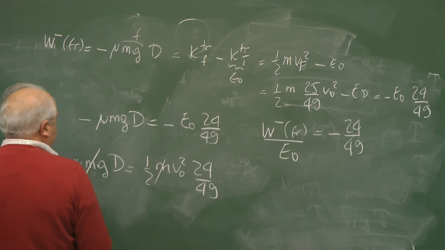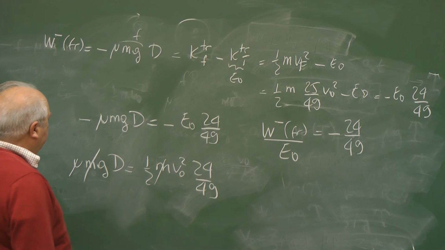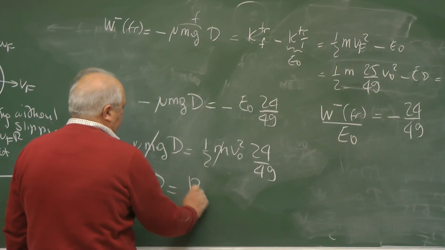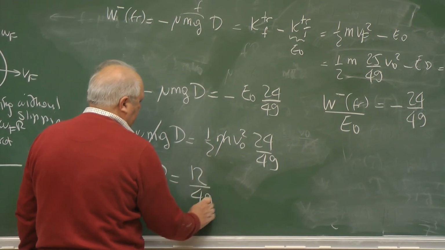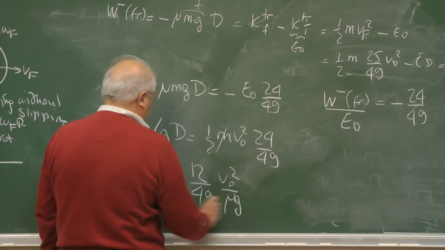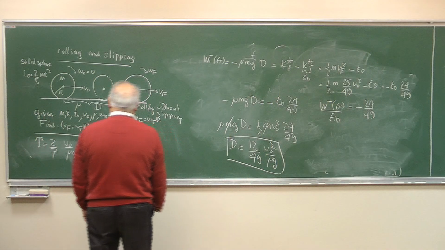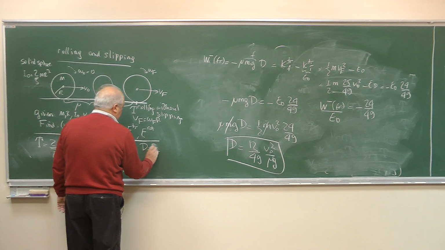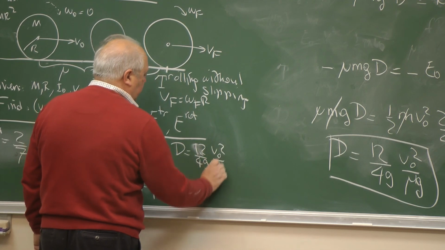M cancels. D is in terms of V0 square over mu g. So d is equal to 24 divided by 2, 12/49 V0 square over mu g. So let me write here d equals 12/49 V0 square over mu g.